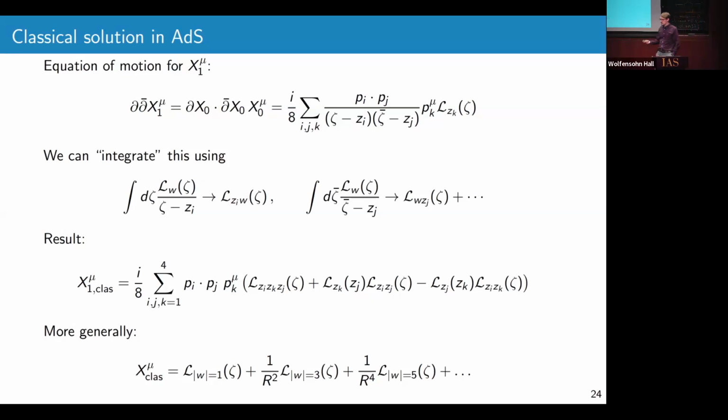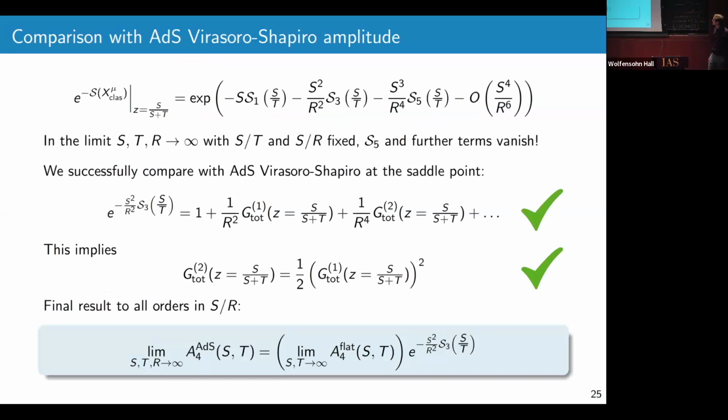And to compare this to the AdS Virasoro-Shapiro amplitude, we will now insert this back into the action and write the result like this in this suggestive way. So S1, 3, 5 are functions of the corresponding weight, and I write them as functions of the ratio only. And the limit we want to take now is we take S, T, and R to infinity all at the same rate.